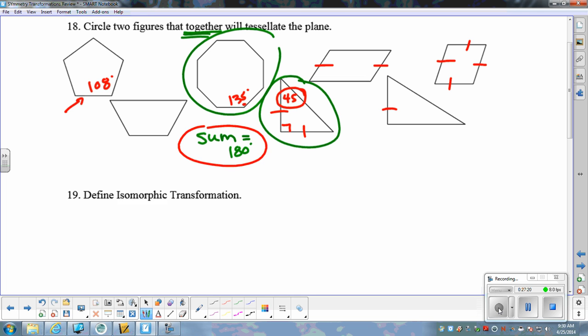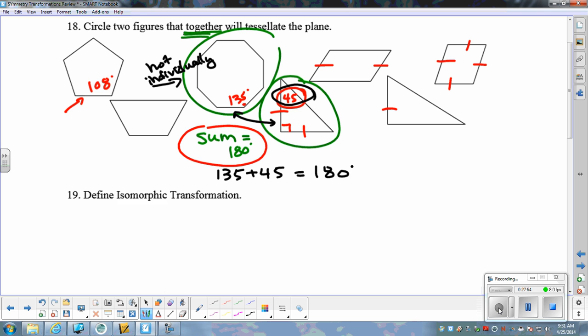The only ones that we know definitely will tessellate together will be the octagon and the isosceles right triangle, because if I take a look at their two interior angles, 135 plus 45 will equal 180 degrees. And so then that is a factor of 180. So while an octagon does not tessellate on its own, not individually, it will tessellate with something else that has an angle that will form a factor of 360 degrees.